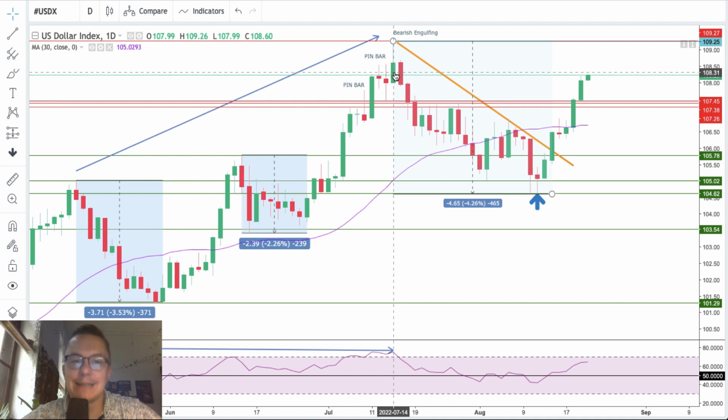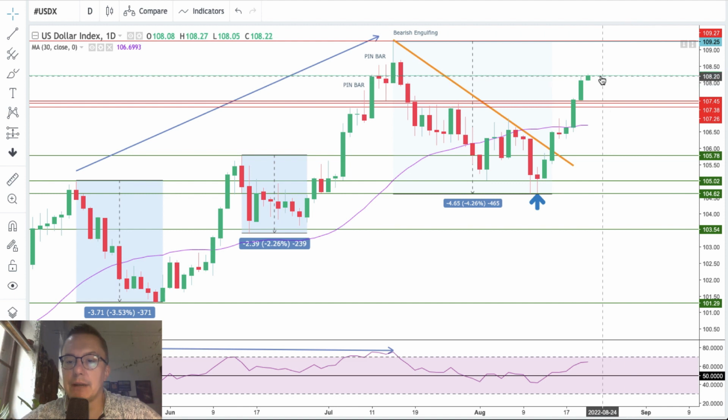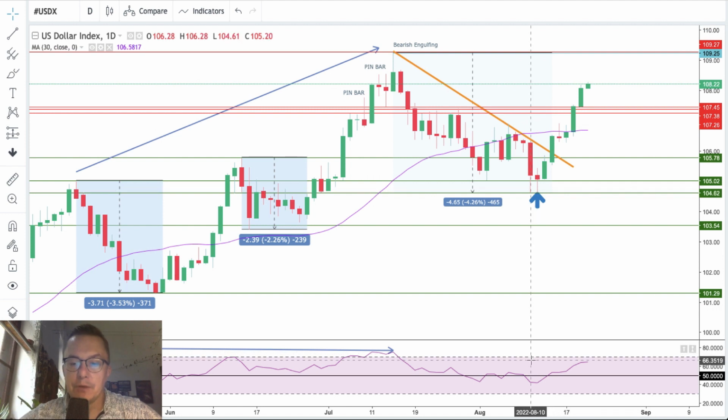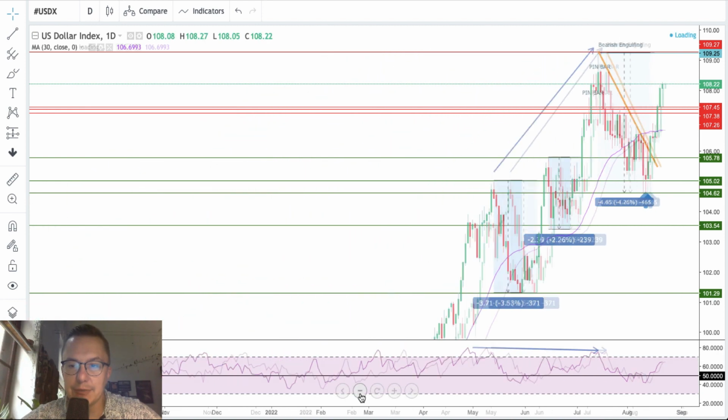So this is exactly the day when the euro dollar reversed to the upside. This high is at 109.26, and it looks like the market wants to test this level or even violate it, right? So momentum very positive, very strong, 63 points, very strong bullish momentum to the upside.